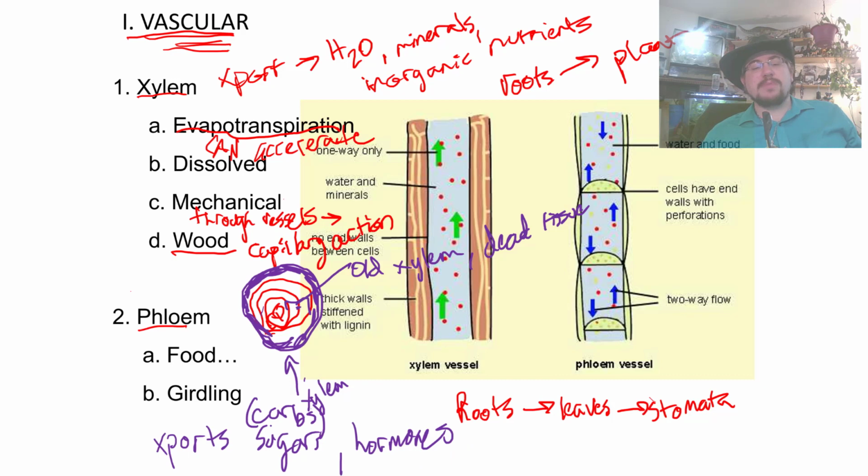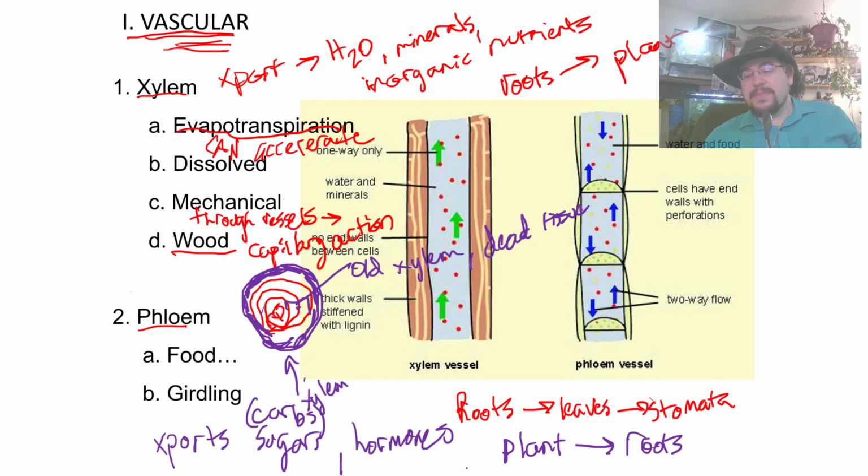So, it transports carbs and hormones basically from the plant all the way to the roots. So this is the food conductance and hormone conductance mechanism for a plant. And again, it operates on capillary action.